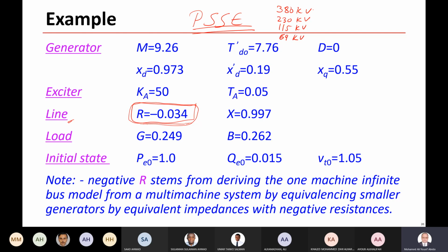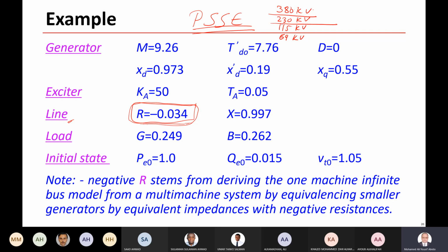Usually when you want to carry out a stability study, it is very difficult to consider all the plants, because there would be a huge number. You can say, I will limit myself to 230 kilovolt and 380 kilovolt plants. So I can reduce from hundreds of power plants to a few, like 30, 40, 60. If you limit yourself to 380 kilovolt only, you have even fewer power plants.